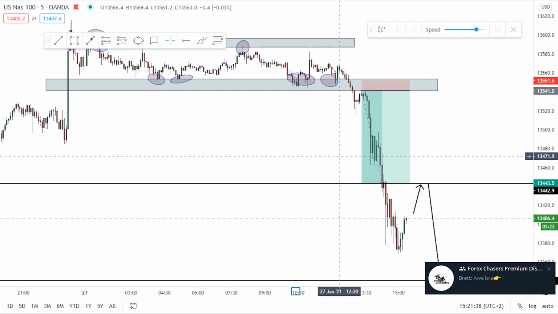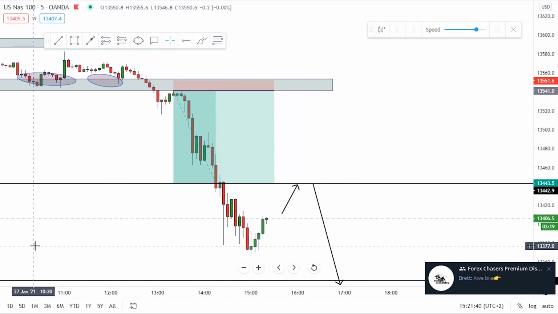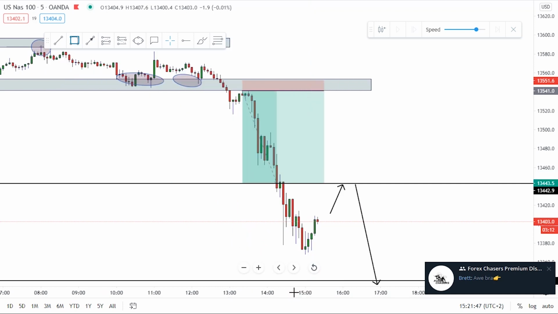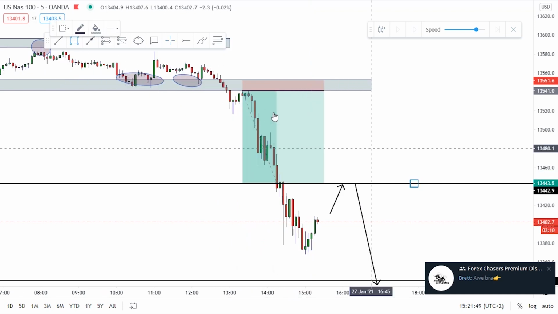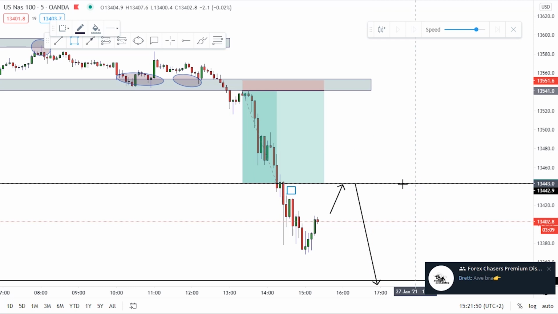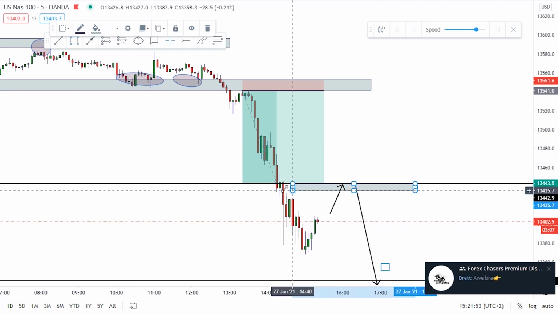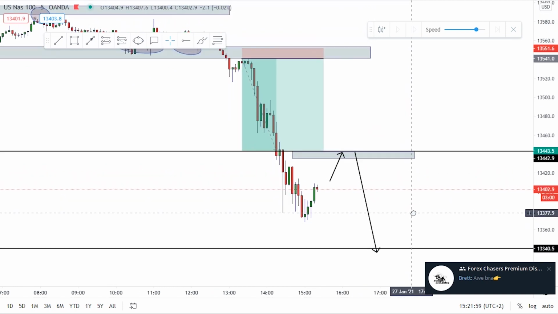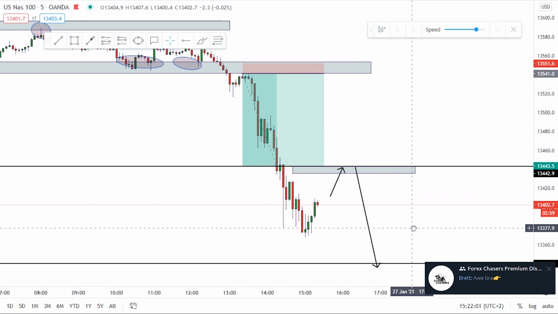I was waiting for a breakdown and a retest, and it's exactly what I got. After the retest we went straight to profit. If the market comes to these areas right here, we are looking to sell it until this point here. From there, we'll see what the market is telling us.